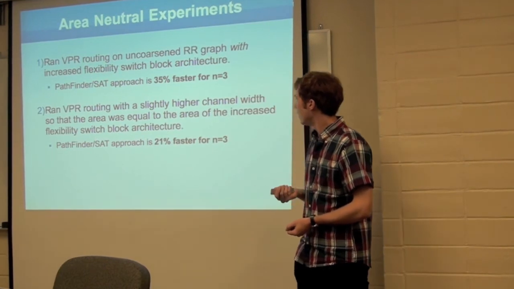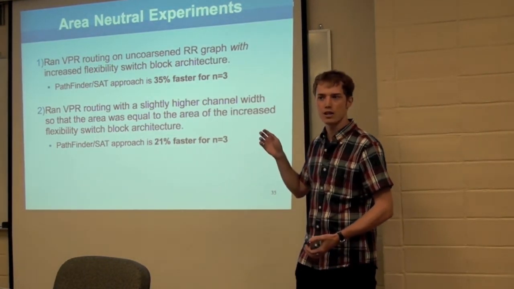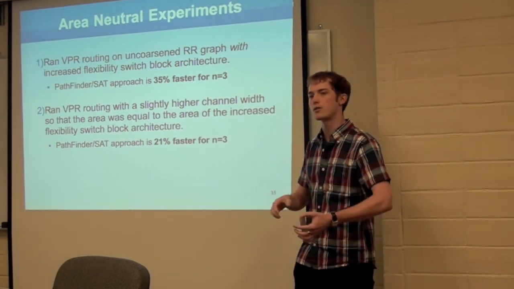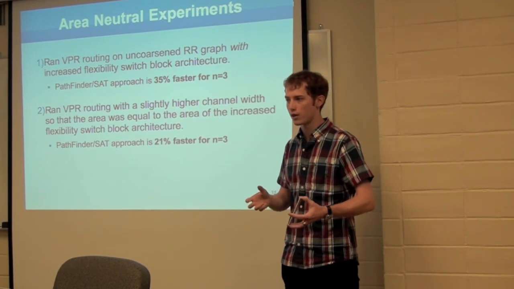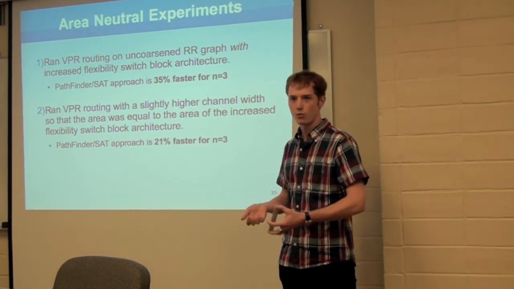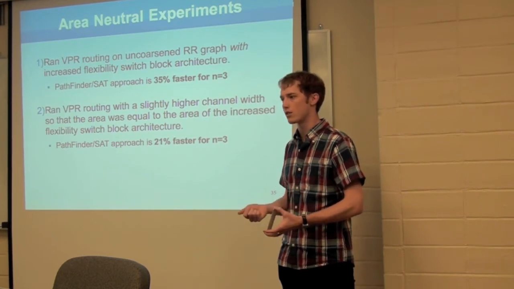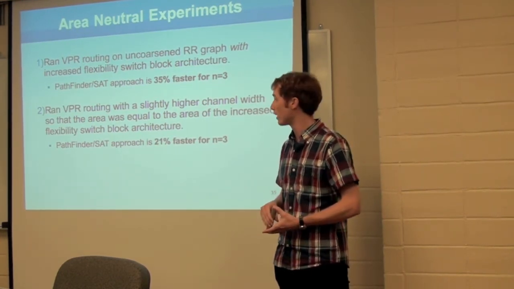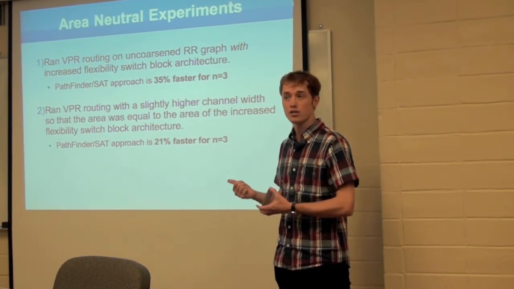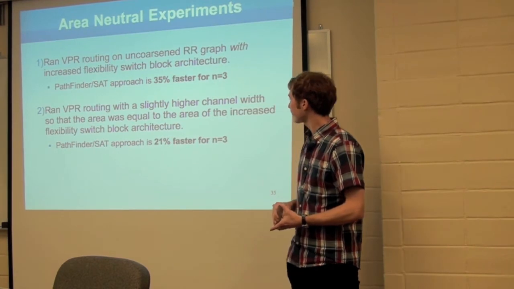This is interesting because if you were to look at this experiment in isolation and wanted to explore the effect of increasing the flexibility of your switch block on routing runtime, you would run this experiment and say, oh, there's no effect. There's no impact of changing the switch block architecture. So that's useless, we don't want to explore that. When in effect, what you have to do is change the algorithm to directly make use of that switch block.